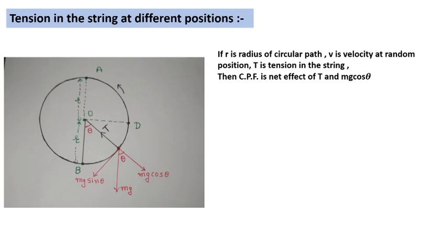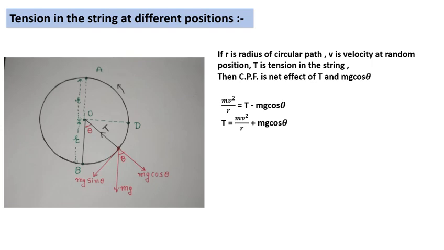If we resolve the weight vector into its components, mg cos theta and mg sin theta, tension T and mg cos theta are exactly opposite, right?